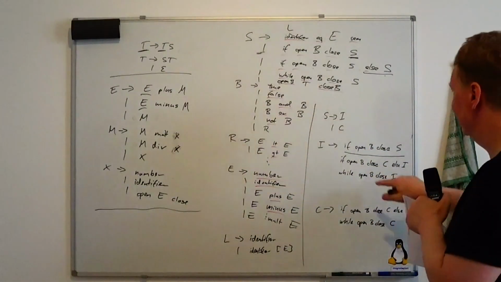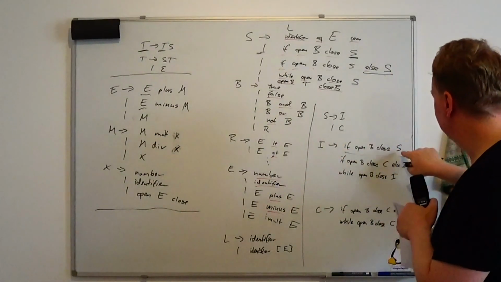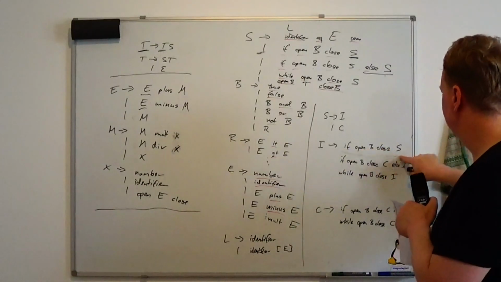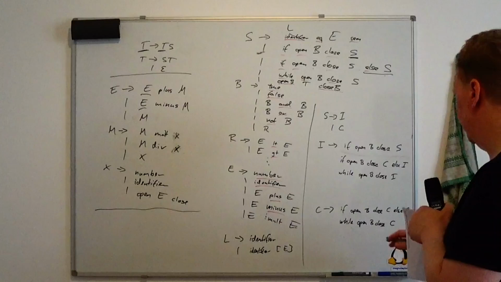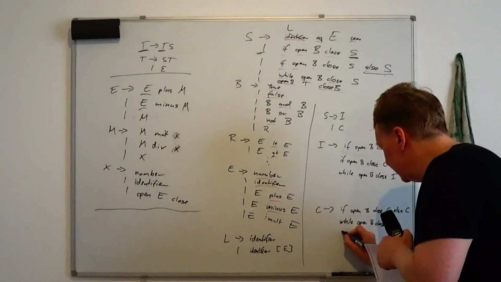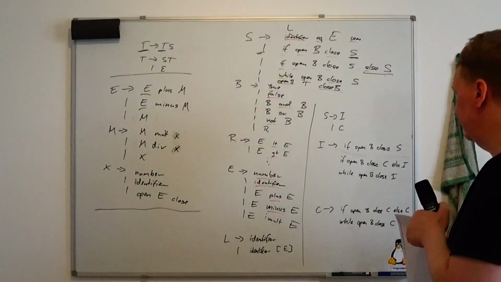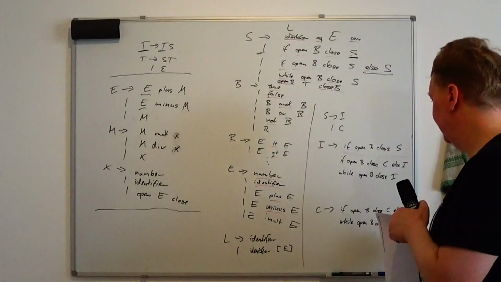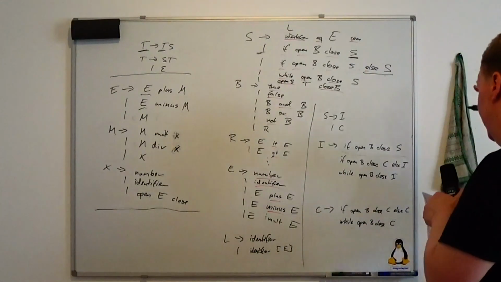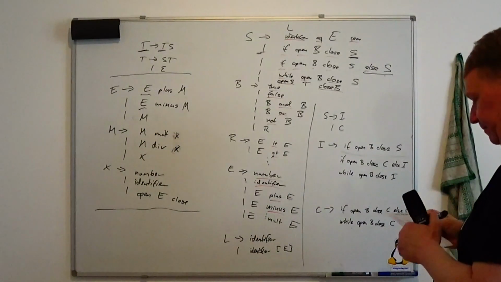So that's why you can have an S here, but you're still incomplete. And that's why we don't have something like if open B close C. Just because you end with a C doesn't make you complete, because this if open B close without an else would already make this statement incomplete.